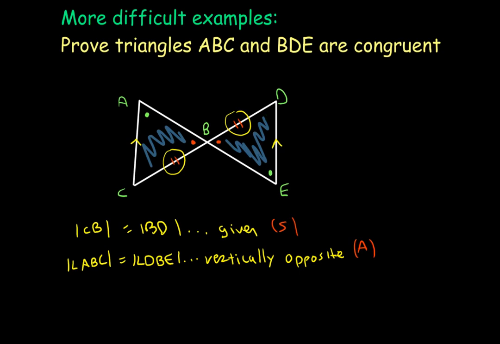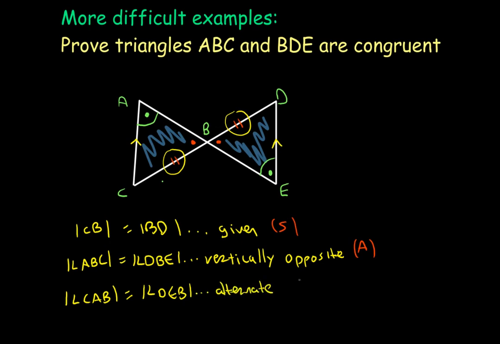So I'm going to take these two angles that I've marked off in green. And I know they're the same, and they're only the same because they are alternate to each other. Because the lines are parallel to each other, they make a Z shape, they are alternate, or equal and alternate. So the measure of the angle CAB is equal to the measure of the angle DEB, and the reason is it's alternate.